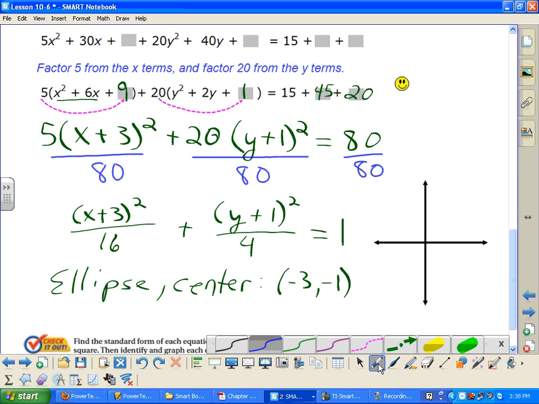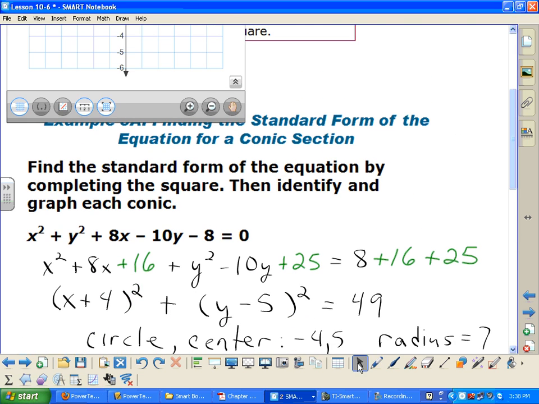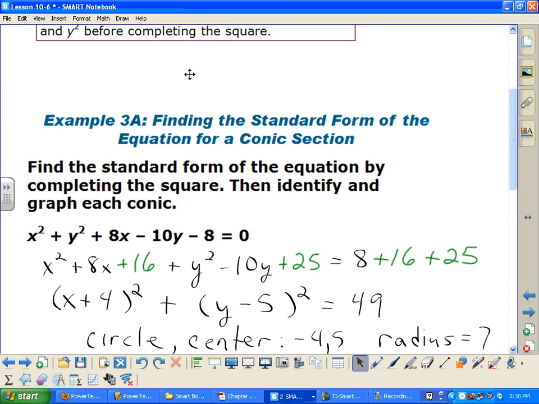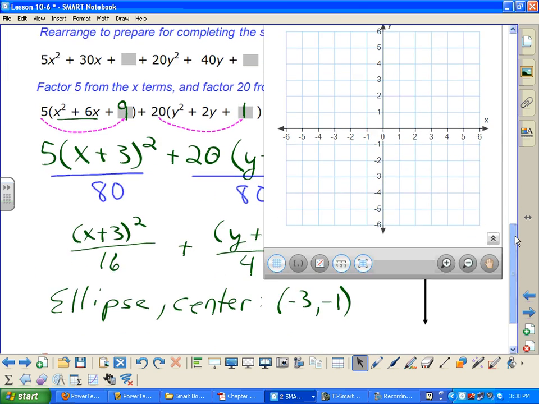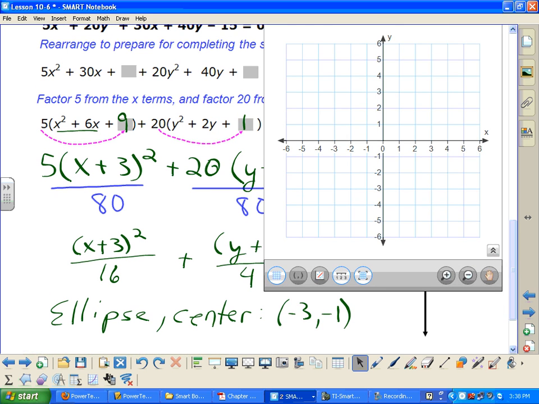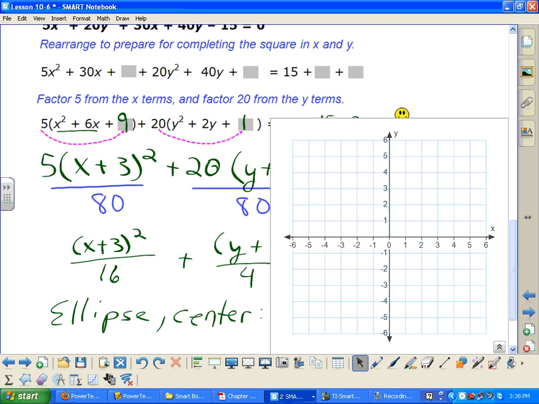All right, you know what, let's go ahead and actually make a real graph. Let's get this out of the way. Come on, come down.